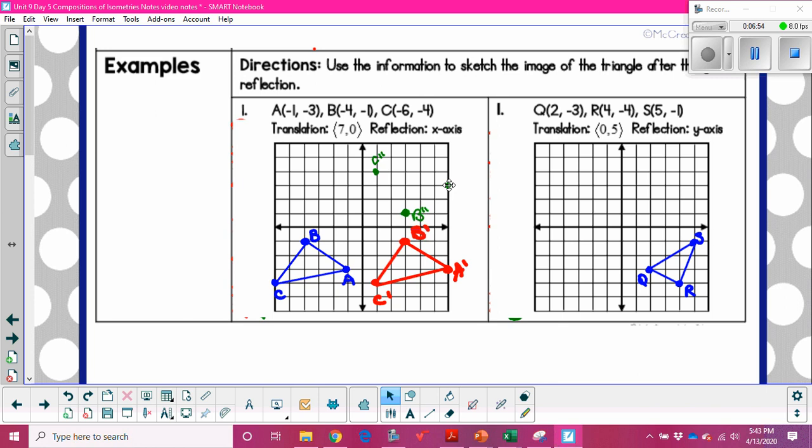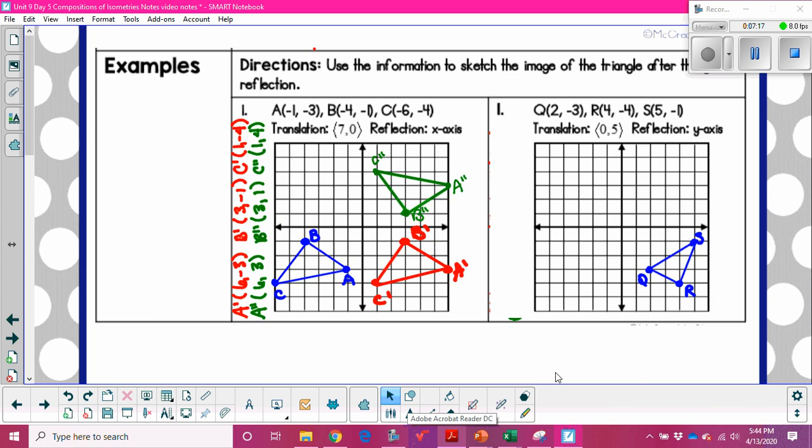It's erasing my dots. Okay, so just connect these, connect that, and connect this. And for some reason, I erased my A double prime. Okay, so these are the coordinates that you should have gotten for all of these.